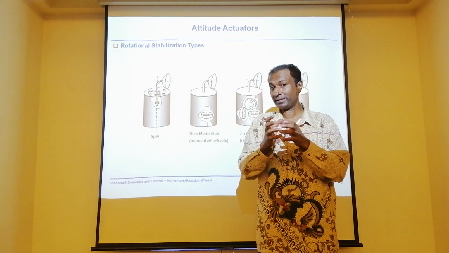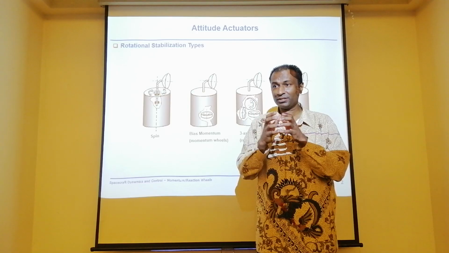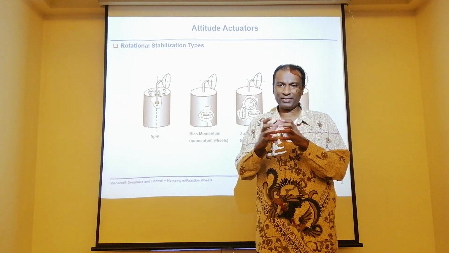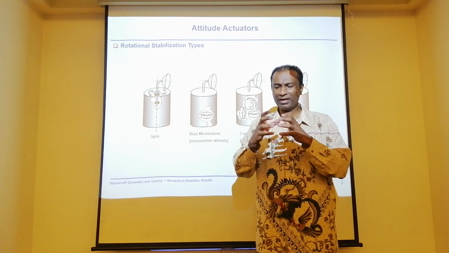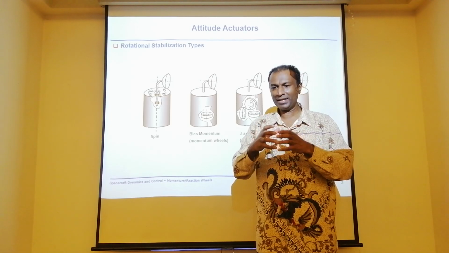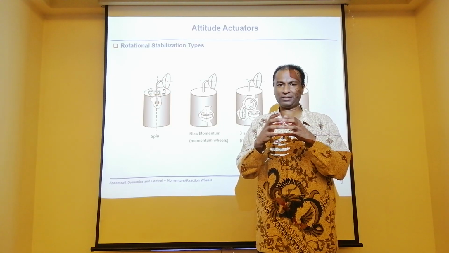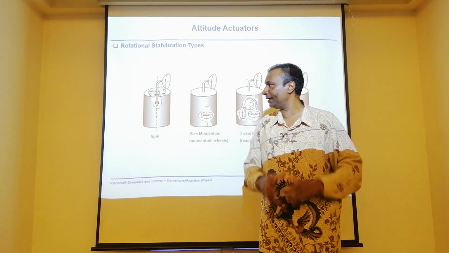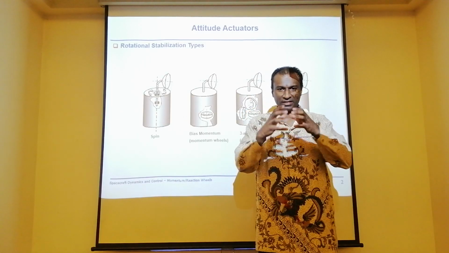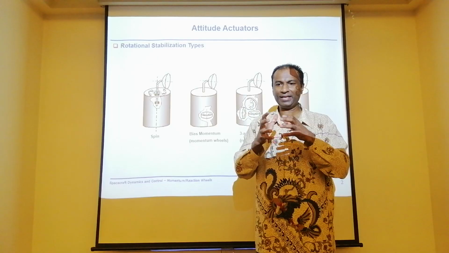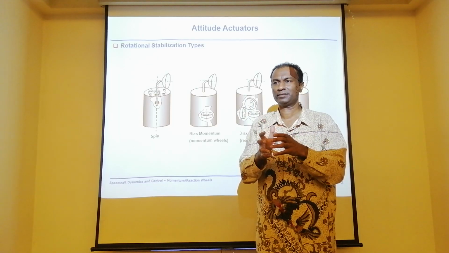It has an angular momentum. What is angular momentum? Inertia times the angular speed. Then you have that angular momentum. When you have a high amount of angular momentum, it gives you gyroscopic stiffness. That means it's very stiff, and when external disturbances come and disturb the satellite, it would not be disturbed in that sense.